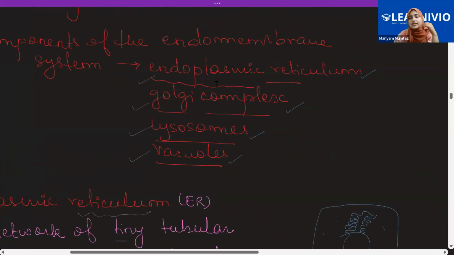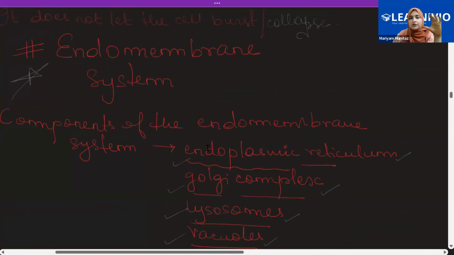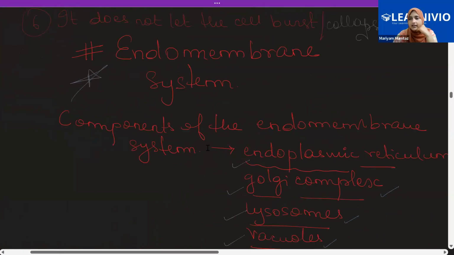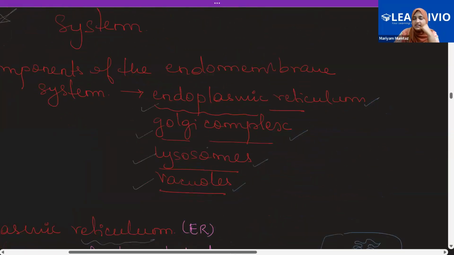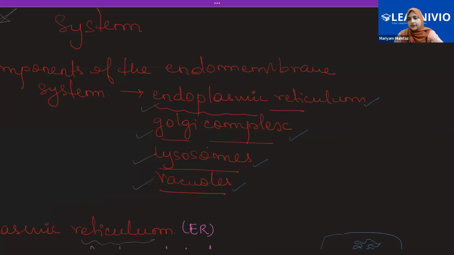All of these structures are connected to one another and form the endomembrane system. Clear? Now we have to study each of these cell organelles one by one. Any doubts? No, ma'am.